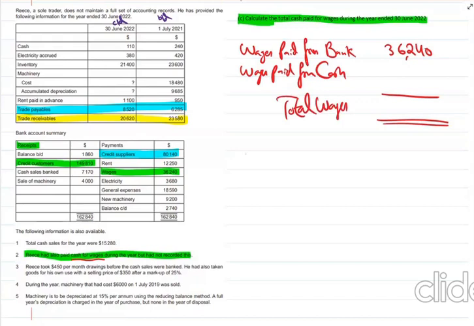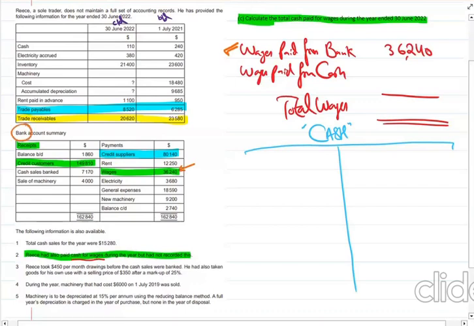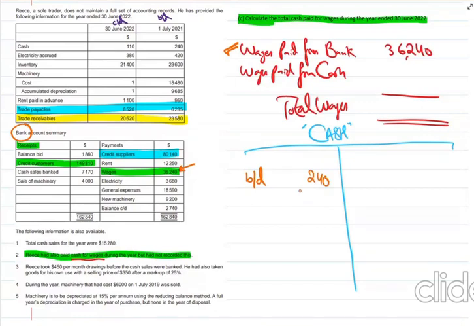If we are talking about cash, which account do we need to make? We need a cash account. No, bank is given. This is from the bank, right? So yes, we need to make the cash account. So the opening balance of cash is how much? 240. And the closing balance of cash is how much?